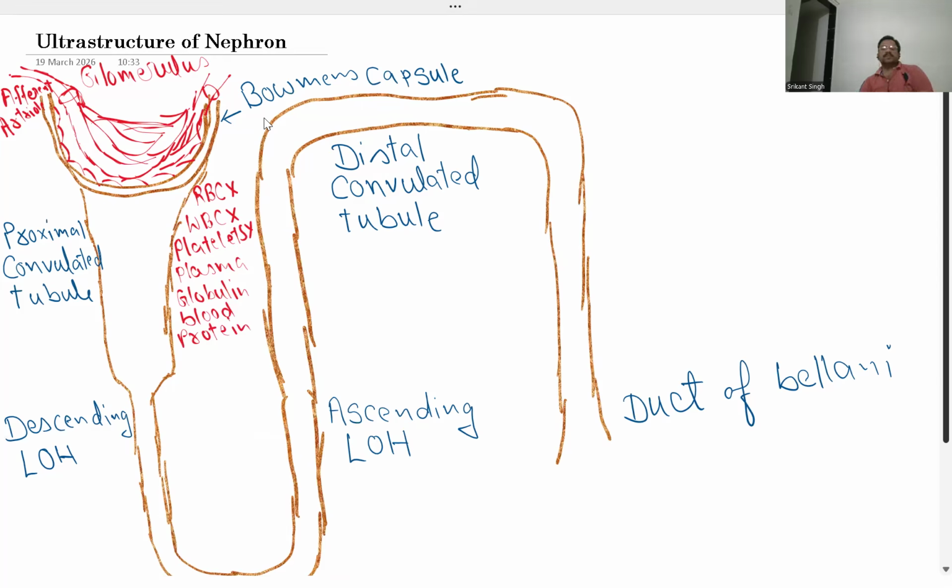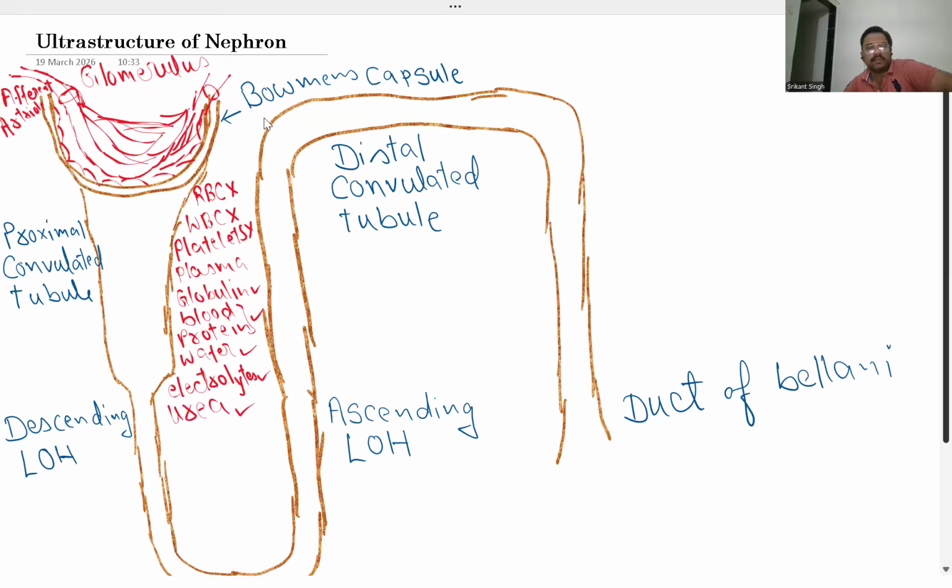Blood protein should be excreted out, as well as water, ions, electrolytes, and urea.